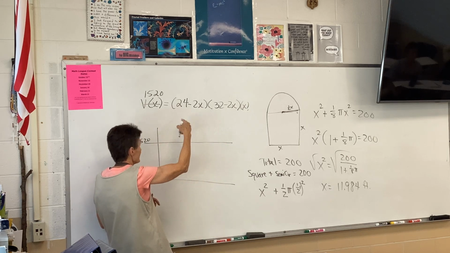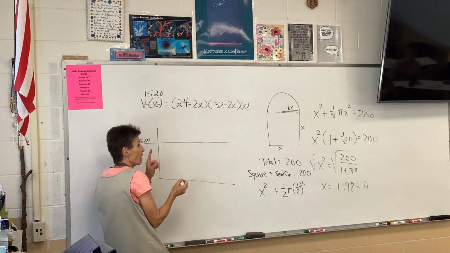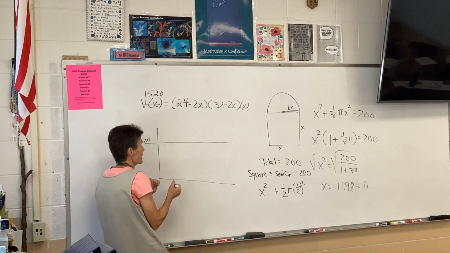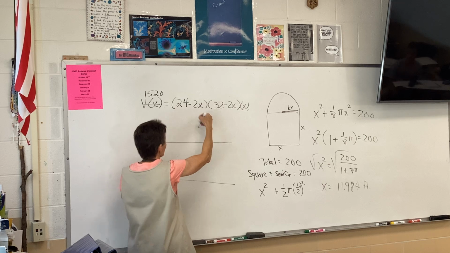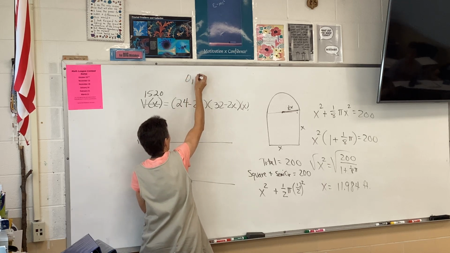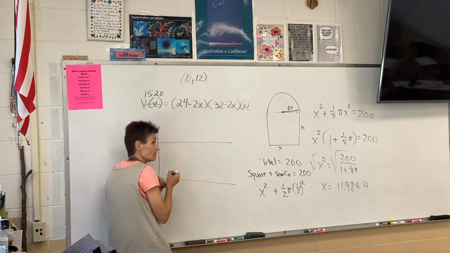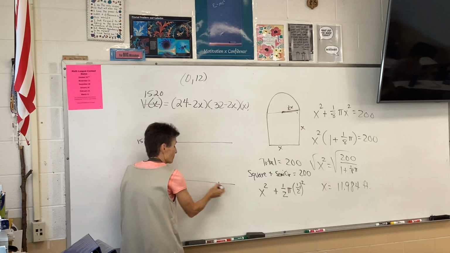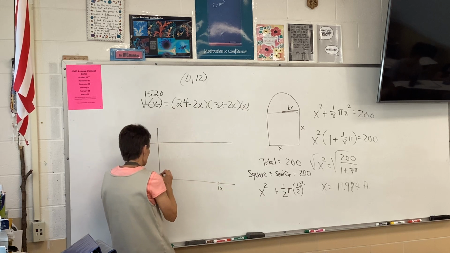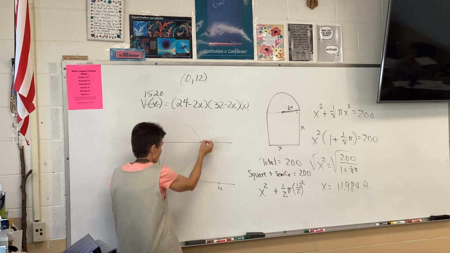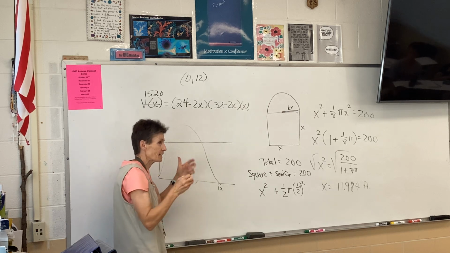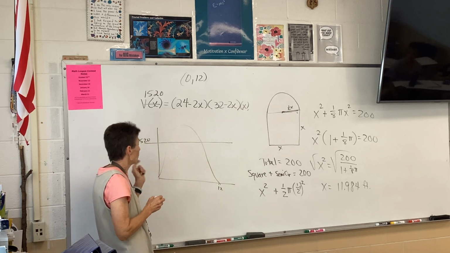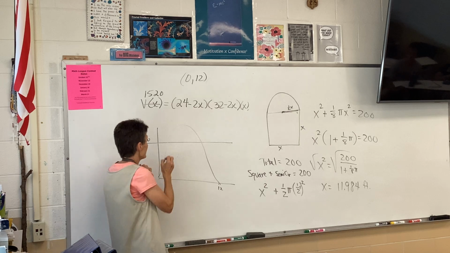I will graph this weird thing on the appropriate domain, which would be between 0 and 12. It's not a parabola, but it kind of has a parabolic shape when you graph that part of it.